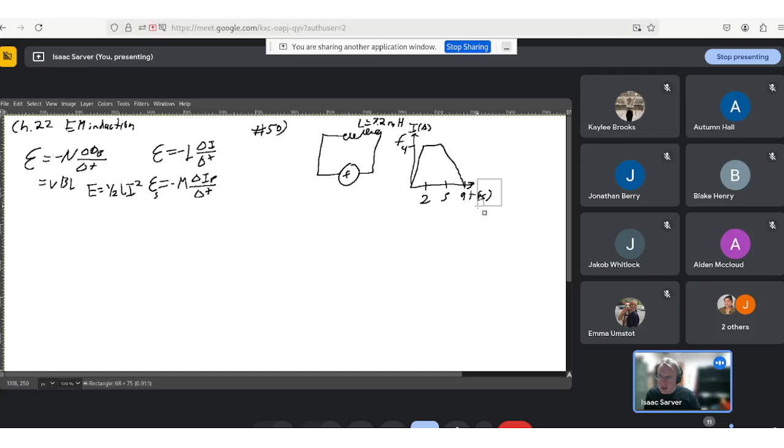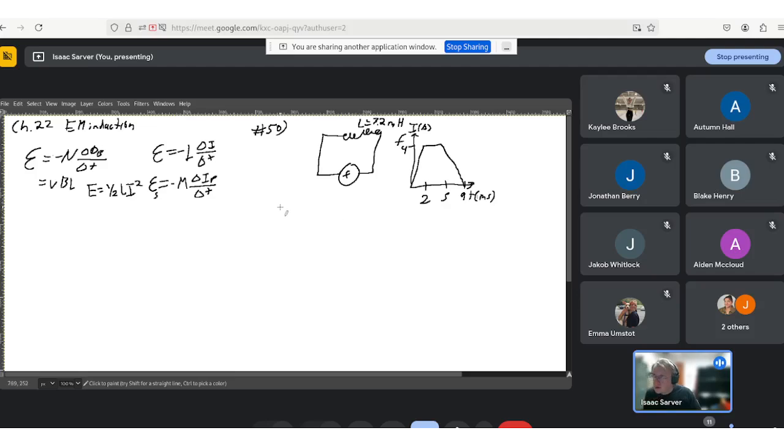Let me replace that unit one more time. This is in milliseconds. There we go. And that's up to 4 amps. Alright.